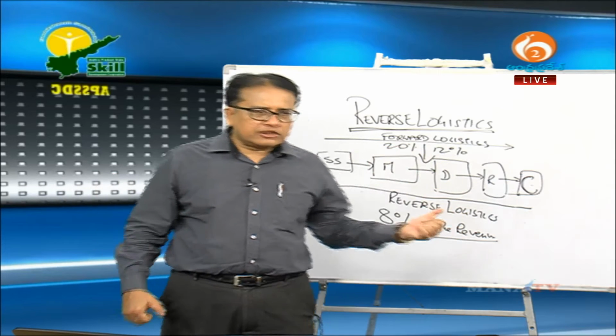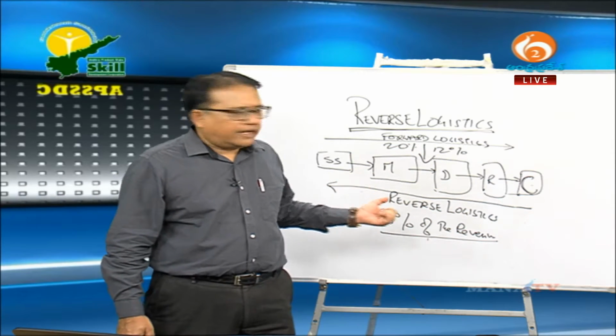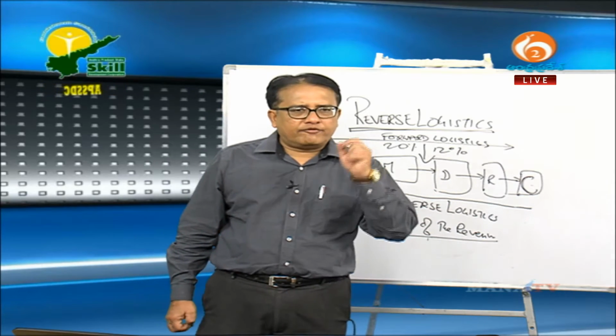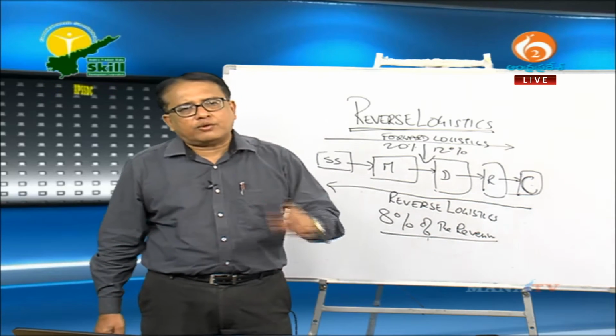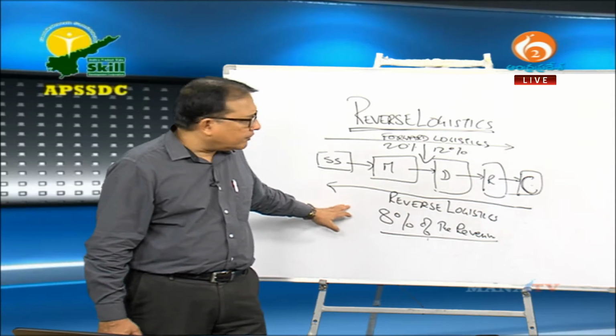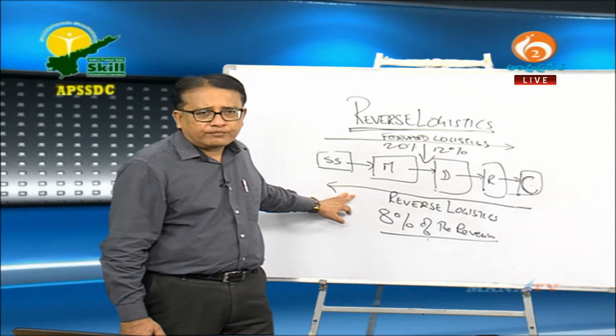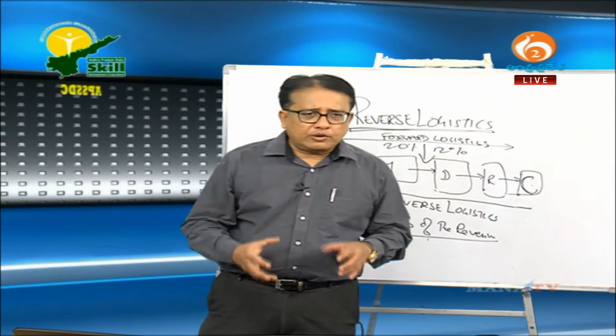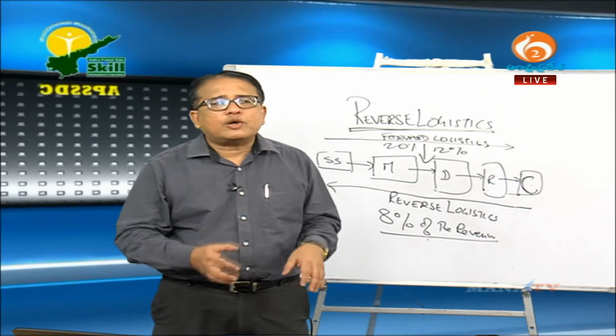In the reverse logistics process also, it is extremely important that a company follows a very systematic, process oriented reverse logistics flow, because ultimately a particular item which is being retrieved also has certain value.